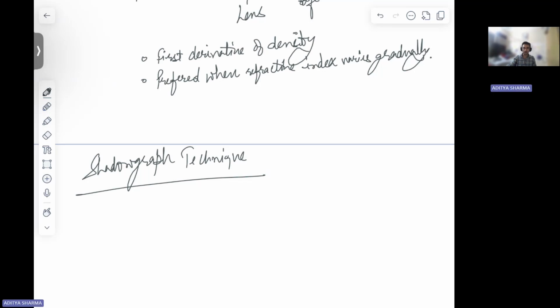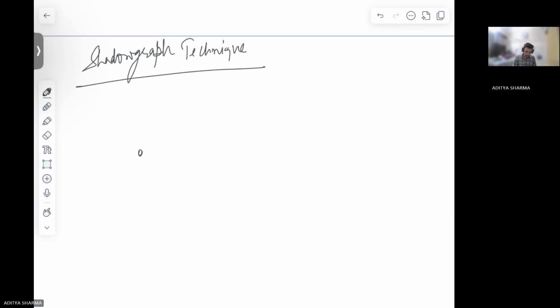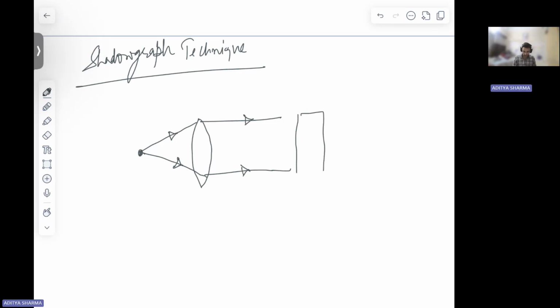Now what happens in your shadowgraph technique is that you have a light source here. Okay. Then you have a lens here. Yes. So from this light source, you'll have your light rays, right? And here you'll have your flow that is happening. Okay. Test section, or you call it. Then here you're going to have a screen, right?